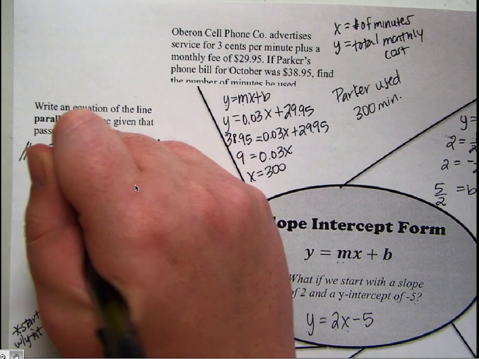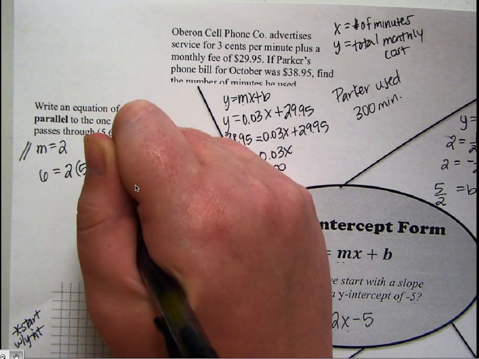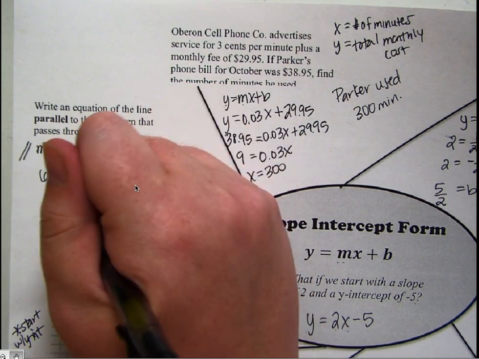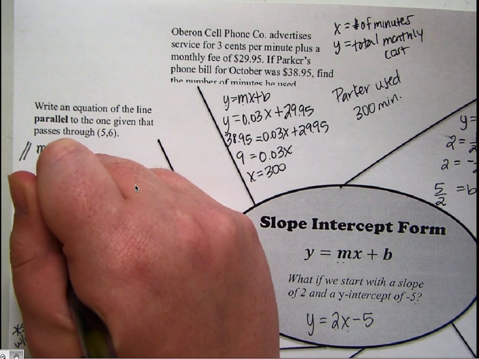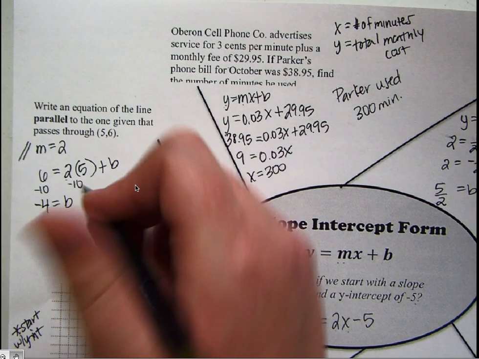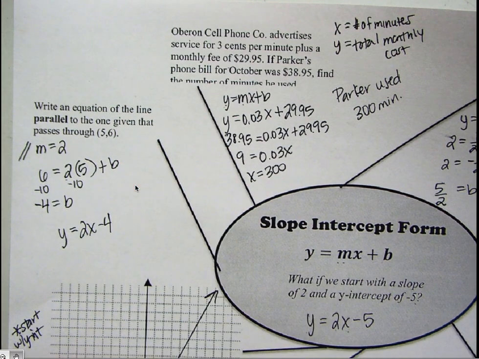So 6 equals the slope times the x value plus b. 2 times 5 is 10, so I'm going to subtract 10 from each side. 6 minus 10 is negative 4. So our y-intercept in this case is negative 4. y equals 2x minus 4 will be the parallel line that passes through (5, 6).